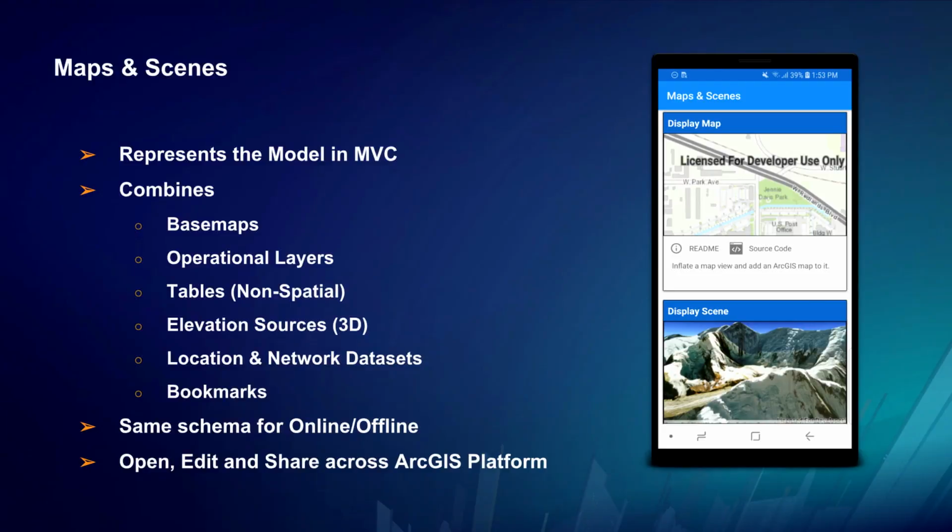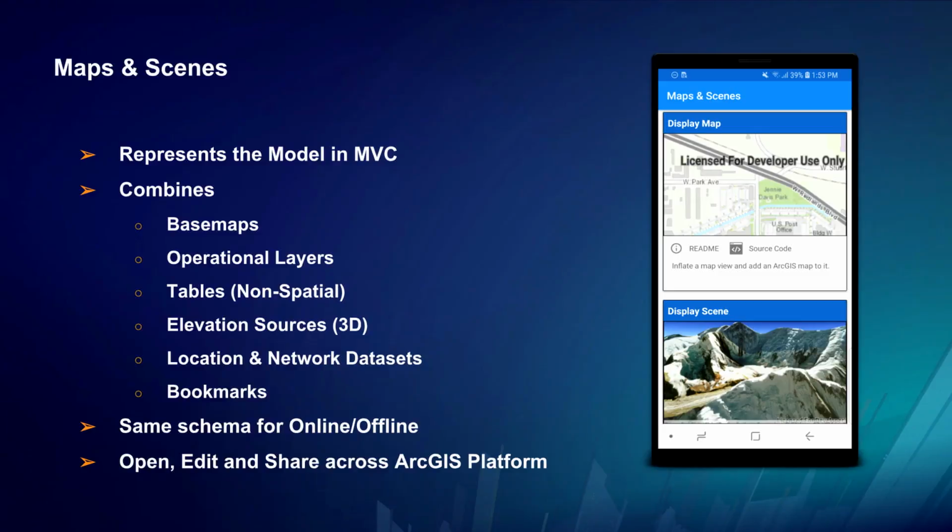So obviously we saw the view, and the view has to be powered by the model, which is the maps and scenes, which are very powerful. This is the central concept across the ArcGIS platform. A map is the container for base maps, operational layers, any non-spatial tables that you have, elevation sources, location and network datasets, and bookmarks that you define in your ArcGIS Online.